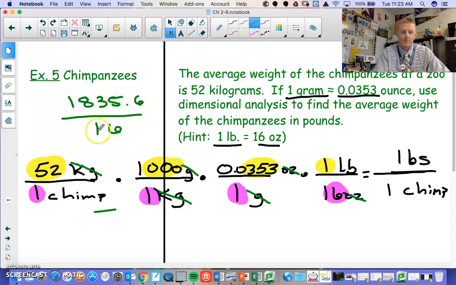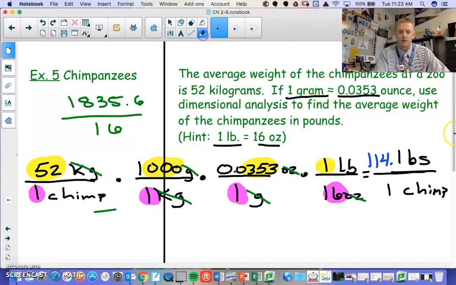Now I want to make the bottom one chimp, so I'm going to do 1,835.6 divided by 16. So divided by 16 gets me to the official answer that in pounds we have 114.725.